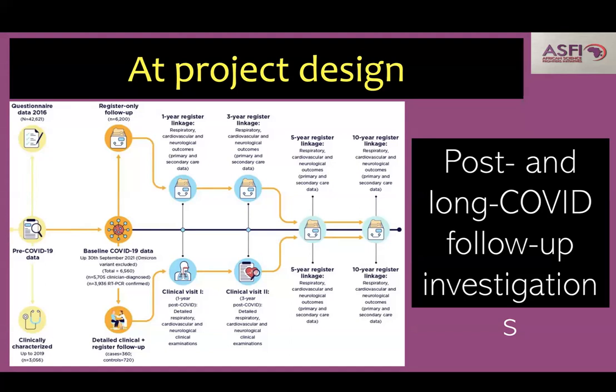So at the project design stage, you can be innovative enough to work on a graphic that can illustrate what you want to do. And you can see here, this graphic has been done by experts. There's a company in London I contacted.